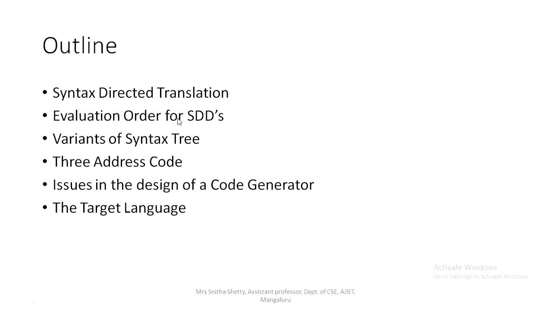Syntax directed translation and definitions are the same. First we study what SDT is and how to evaluate it. Next we see the variants of syntax tree, then three address code, which comes under intermediate code generation. Next, in target code generation, the issues in the design of the code generator and the target language. These are the concepts which come under the fifth module.